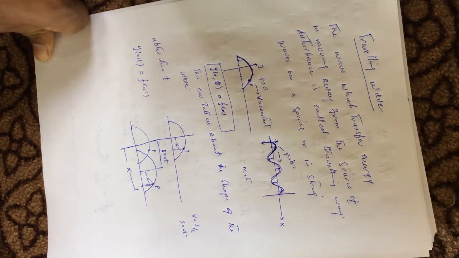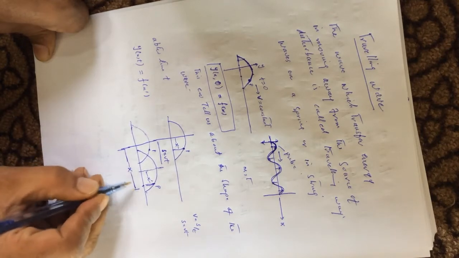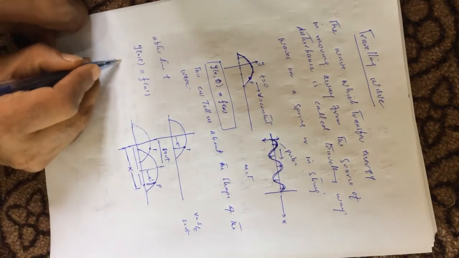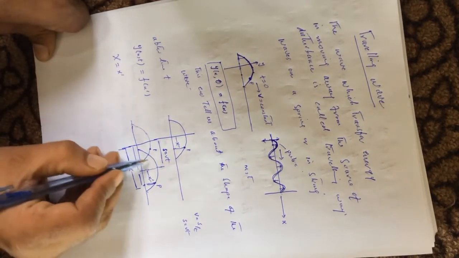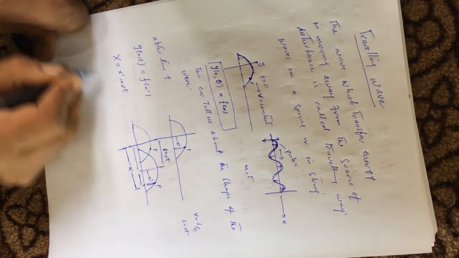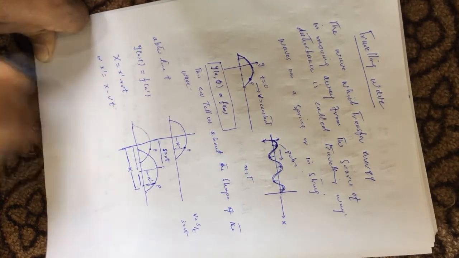Now if you look at the figure, this x is basically equal to this one plus this one. So x is equal to x prime plus vt, or x prime is equal to x minus vt.